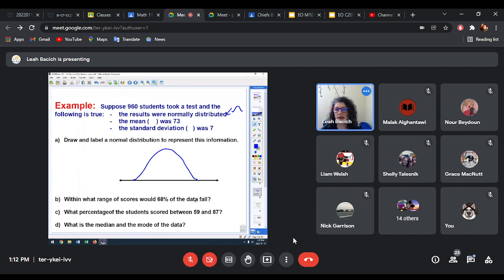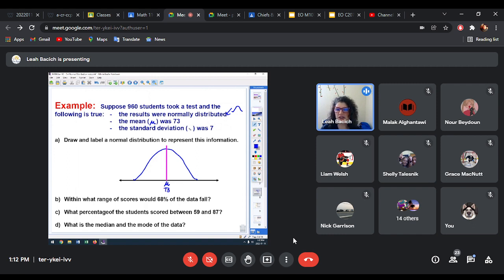Okay? The mean, mu, is 73. So I know the mean always goes in the middle of a normally distributed set of data that's graphed. So my mean is going to go right here. And I know the mean is 73.